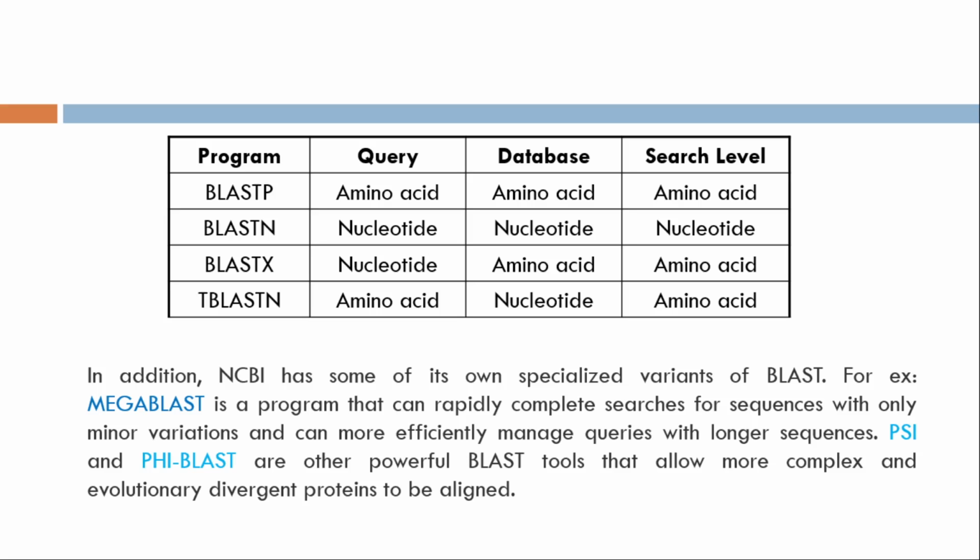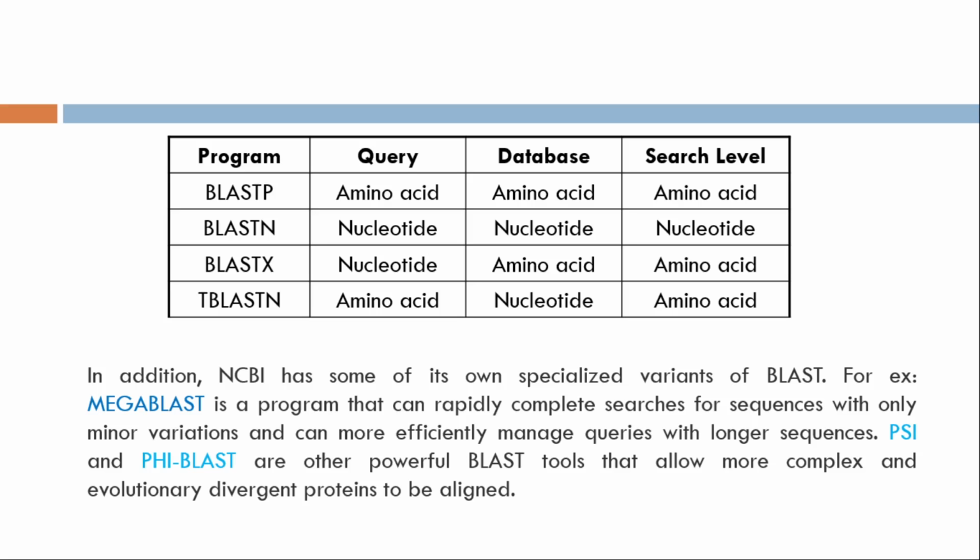In addition, NCBI has some of its own specialized variants of BLAST, for example, MegaBLAST. MegaBLAST is a program that can rapidly complete searches for sequences with only minor variations and can more efficiently manage queries with longer sequences. If you have a longer sequence, MegaBLAST is for you. MegaBLAST will increase its word size. I am going to tell you what word size is all about.